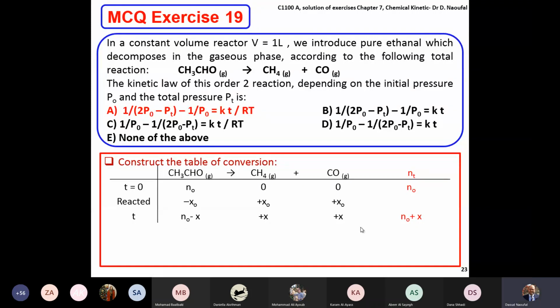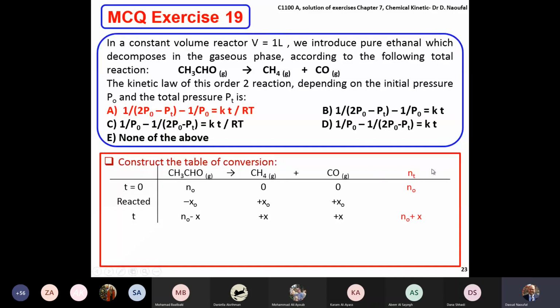Can we transform this table of conversion to concentration? Yes, since the volume is constant. So you divide by V, V, V, and you transform the number of moles to the concentration. I will add a column describing the total number of moles, which is the sum of the number of moles of reactant and products.